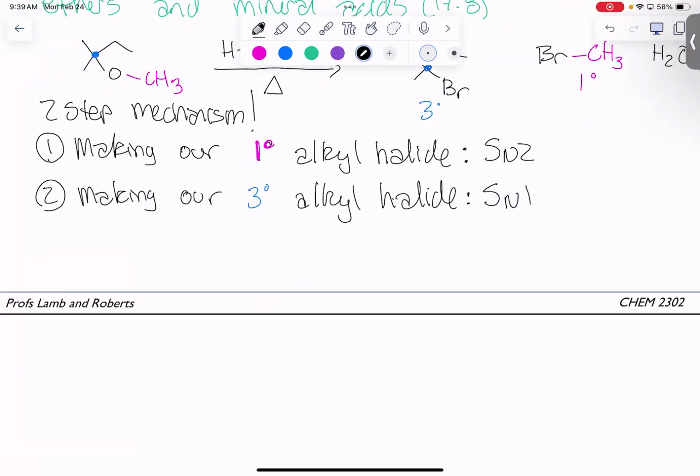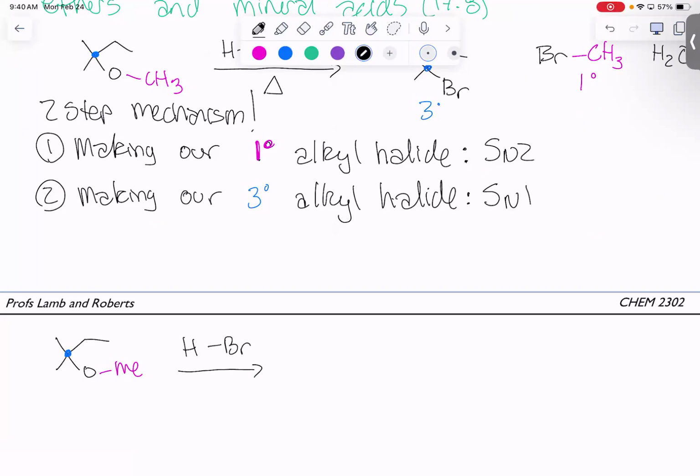All right, so let's start out with our ether. All right, so we have mineral acid. Mineral acid is, of course, you could write H3O+, I don't care. You could write H+, I don't care.